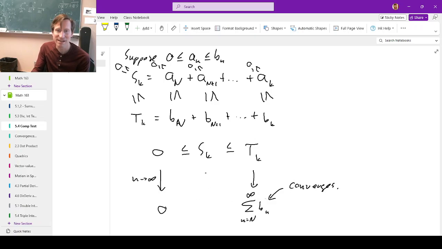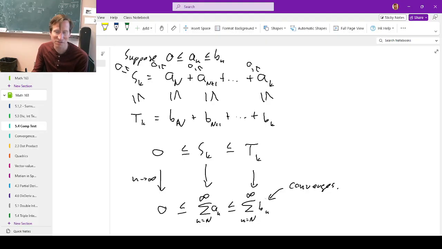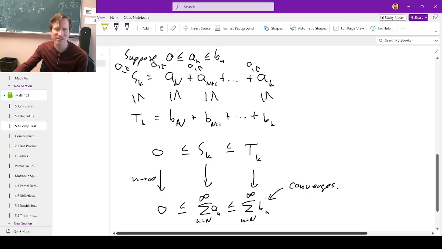And the limit of the S sub k goes to the sum from capital N to infinity of a sub n, right? So the sum from N to infinity of a sub n is between 0 and the sum of the b's. And we know the sum of the b's converges.